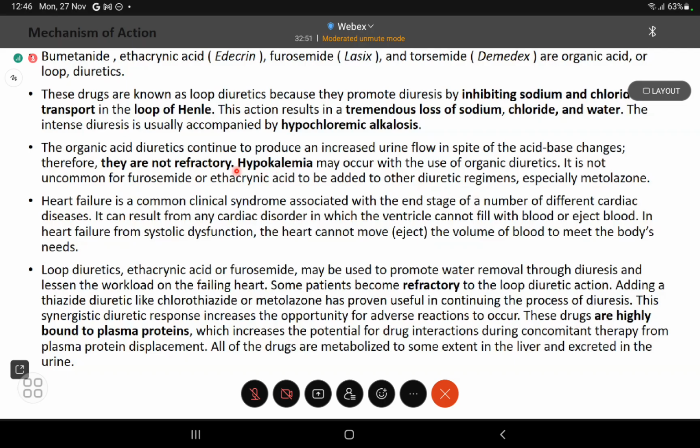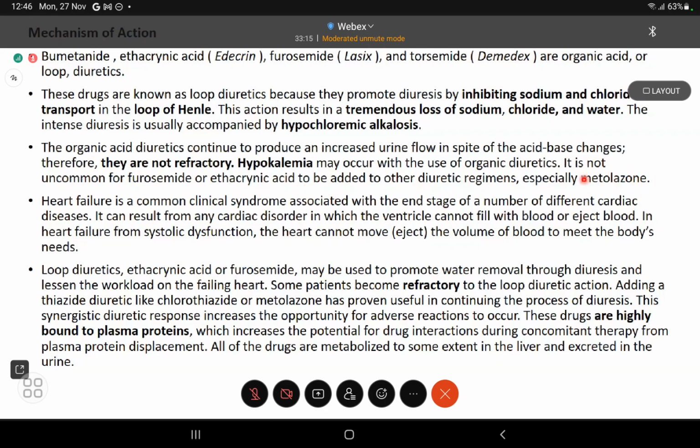So hypokalemia might also happen. Normally, this is not uncommon for furosemide or ethacrynic acid together with metolazone.